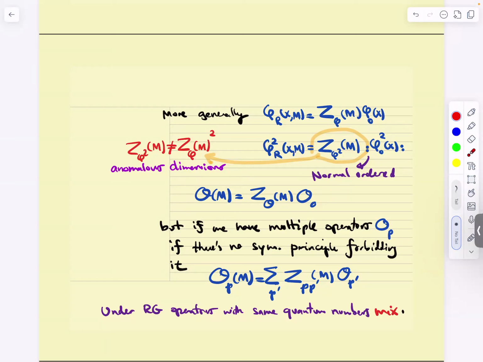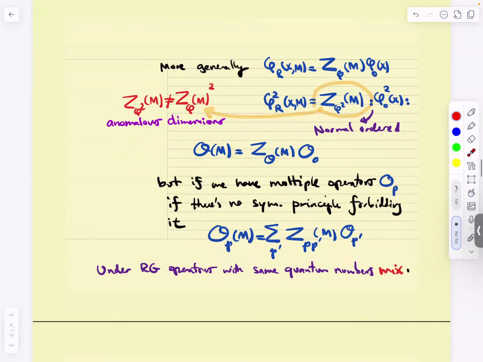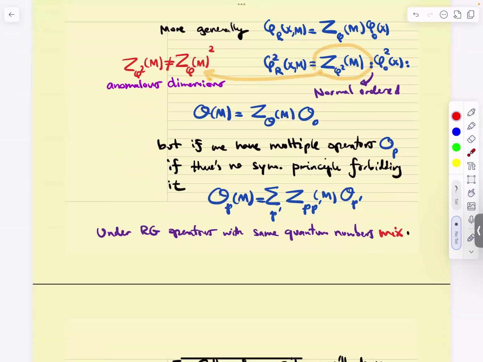The terminology of wave function renormalization I really dislike, but unfortunately it's super standard. There's no wave function here. You only get wave functions if you think about the one particle Hilbert space.